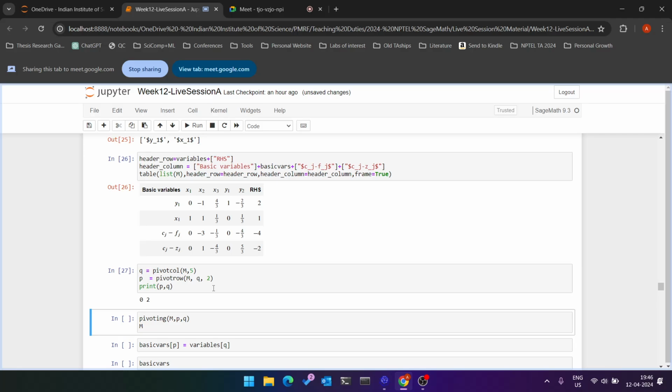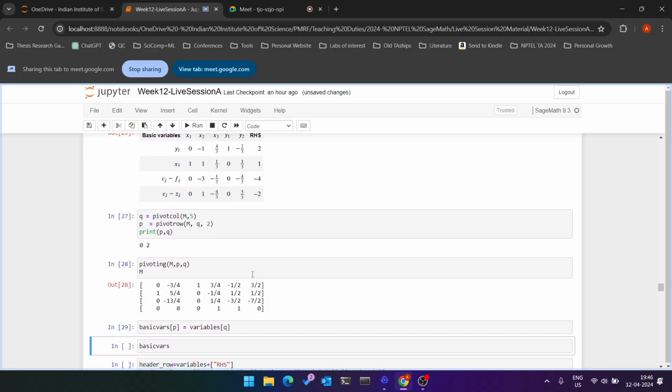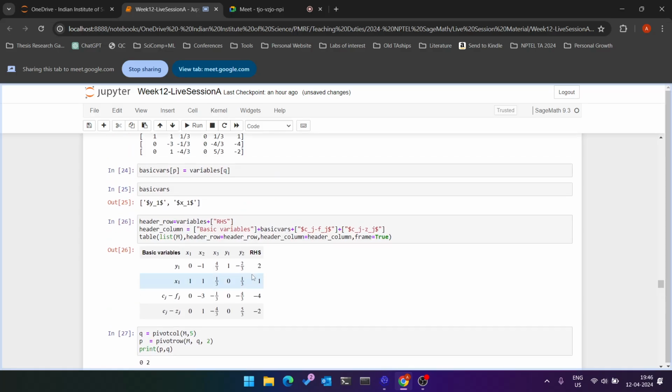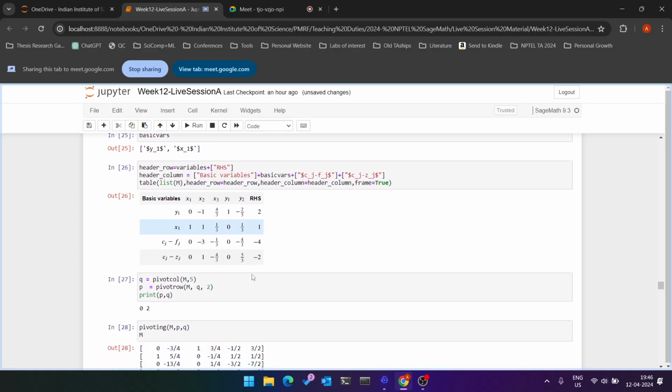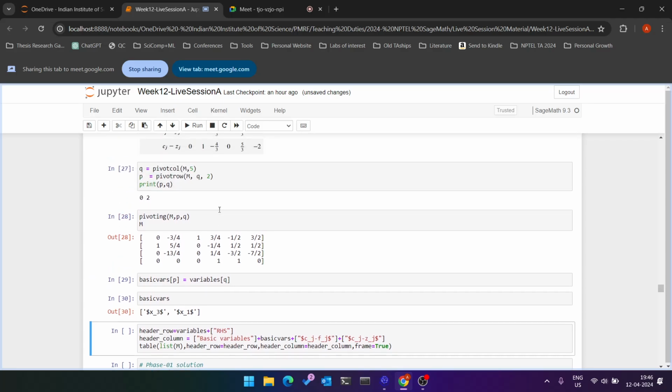I basically get column 0 and row 2. Oh, sorry, it's x3 and 0, 2. So it's actually y1 and x3. Sorry.